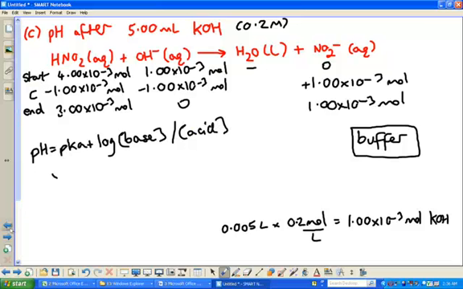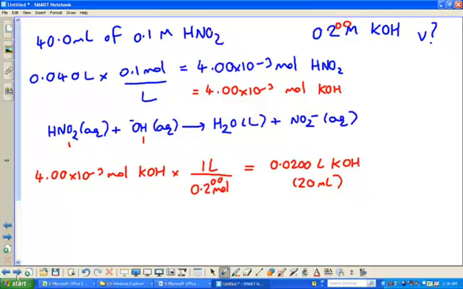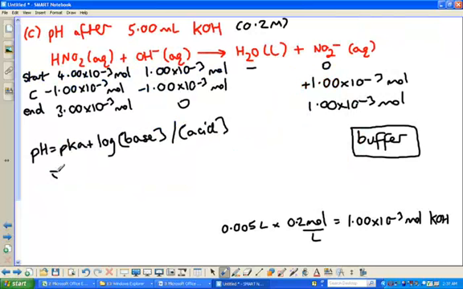Now we don't have the pKa, but we do have the Ka of our acid. And if you were to just do the negative log of that, you would get a pKa of that acid of about 3.33. So that means this is going to be 3.33 plus the log of the concentration of base, which is this, over the concentration of acid, which is this.